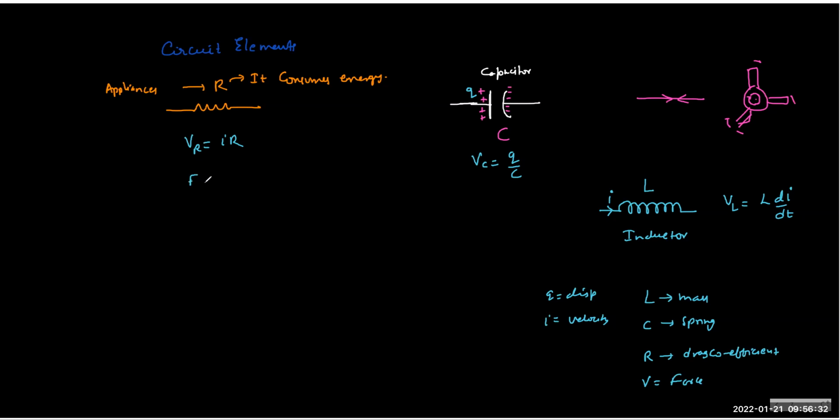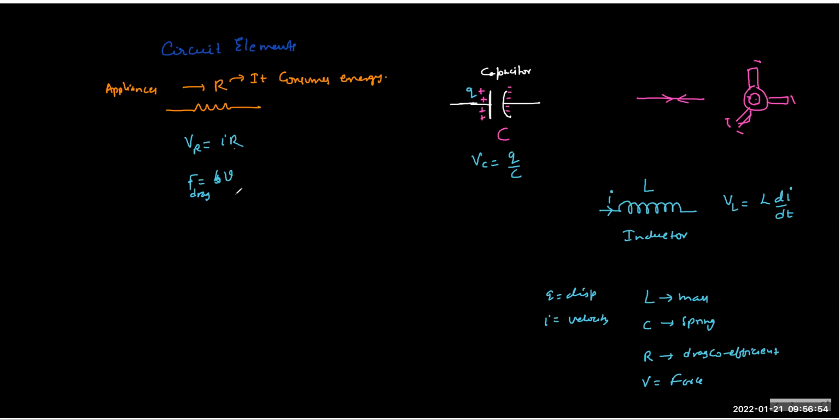Now if you convert this into the mechanical form, the drag force we write as F drag. R is like the drag constant and I is like a velocity, so it's like bv. If you know the drag formula, it's bv. So the role of R is the same as b.